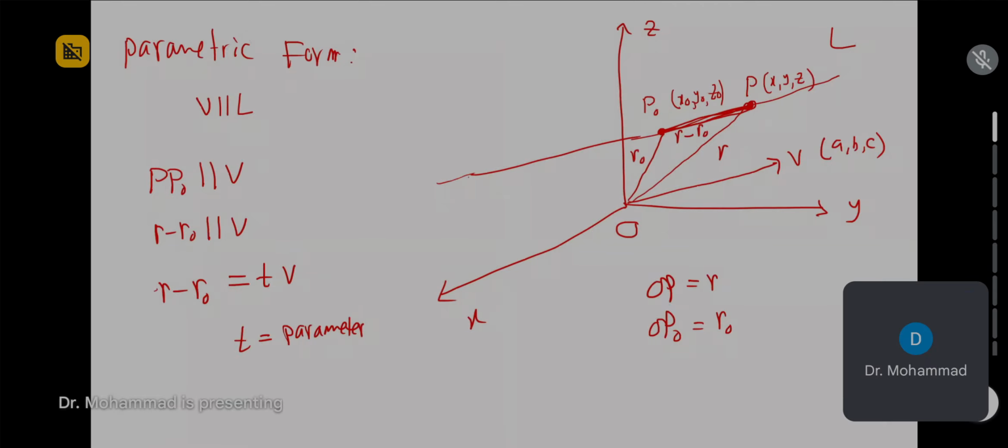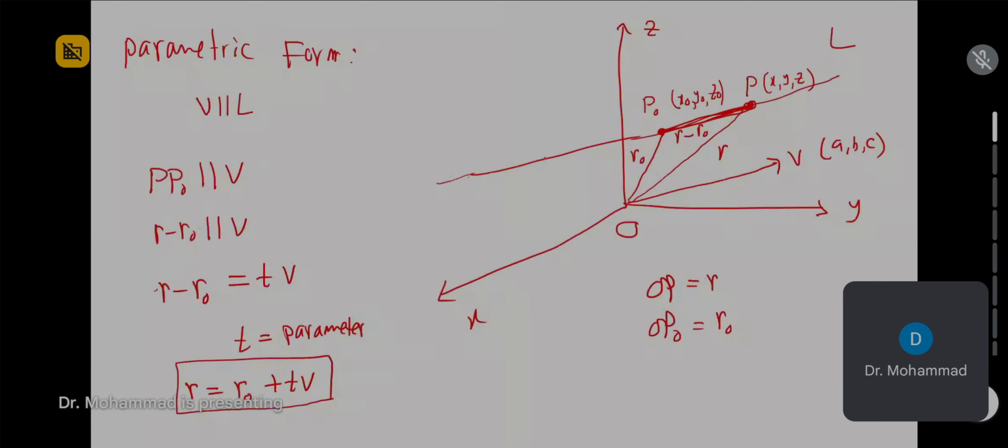So R minus R naught is TV, and R is R naught plus TV.